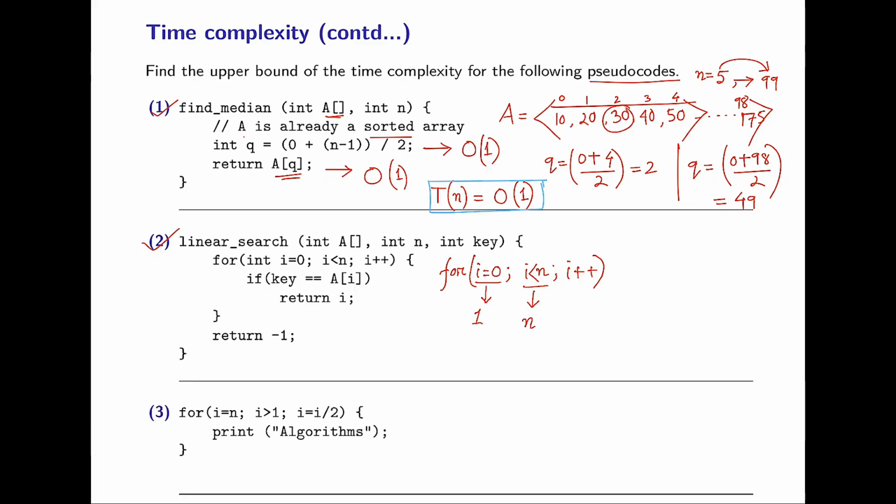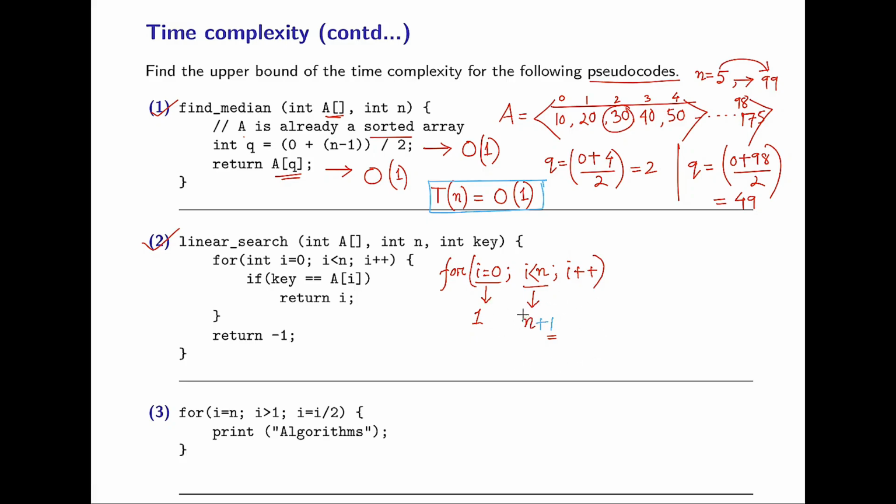But one small thing: actually it is going to run n plus 1 times. Why? This plus 1 is the time it will check the condition and find that the condition is false. When the condition is false, the variable i will not be incremented, and the statement inside the loop will not be executed, right?